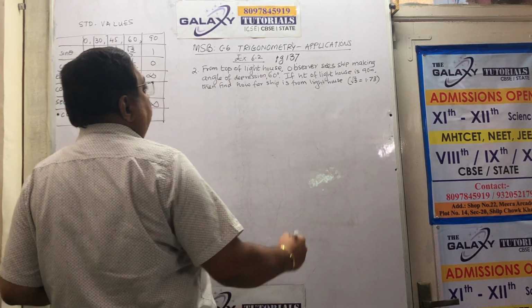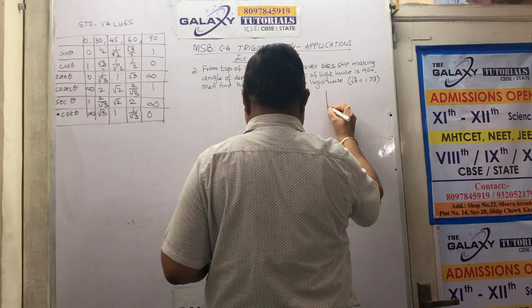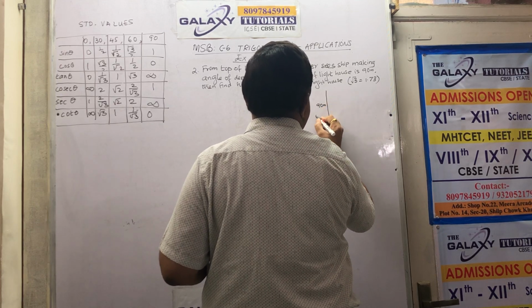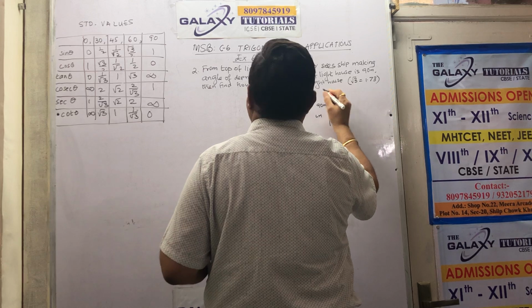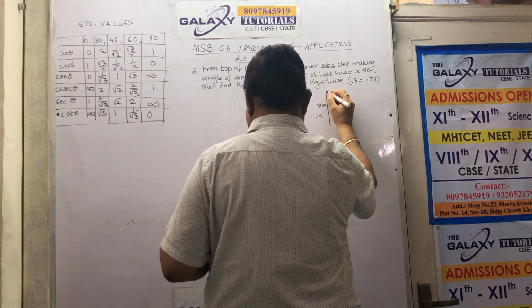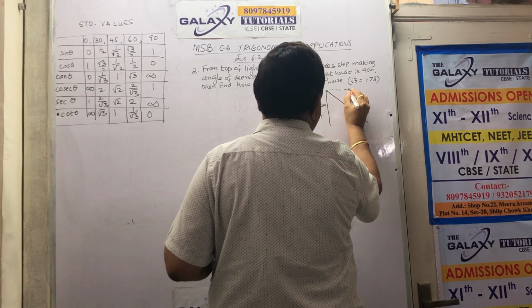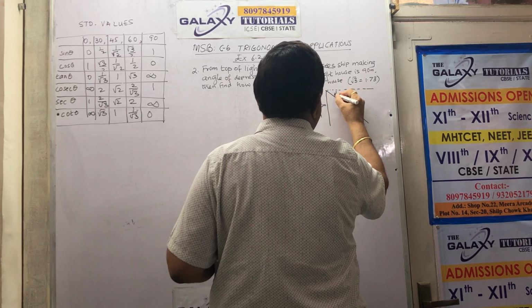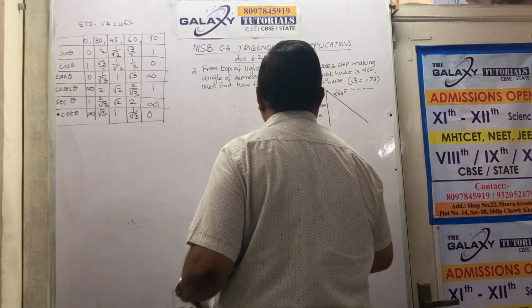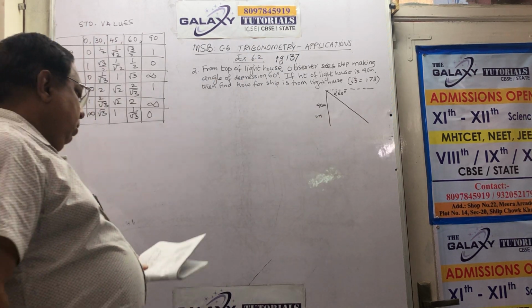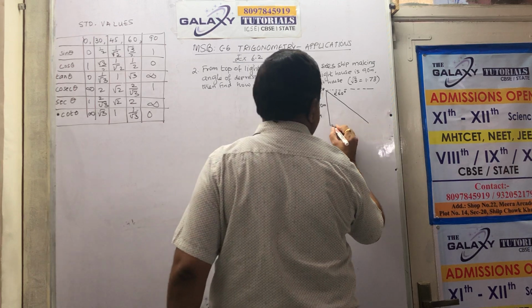Okay, we are here. This is a lighthouse, 90 meters. This is my lighthouse, and I am looking from the top of the lighthouse, making an angle of 60 degrees, the angle of depression, and I see the ship at sea.